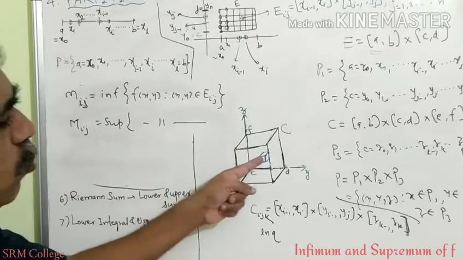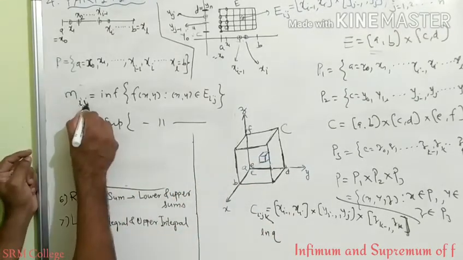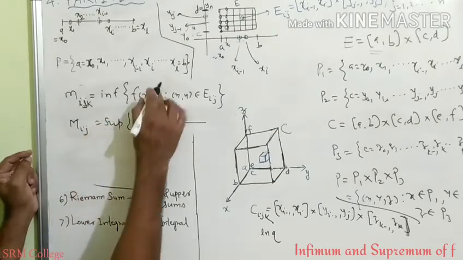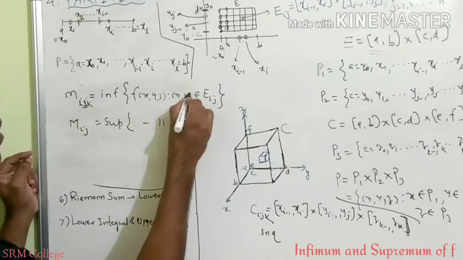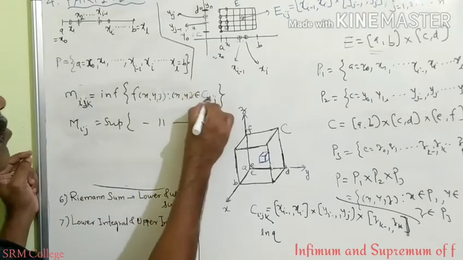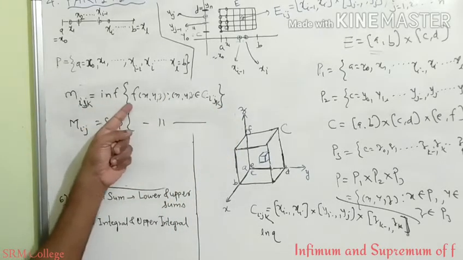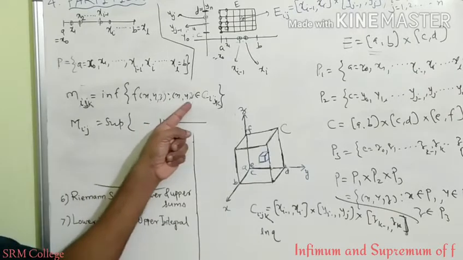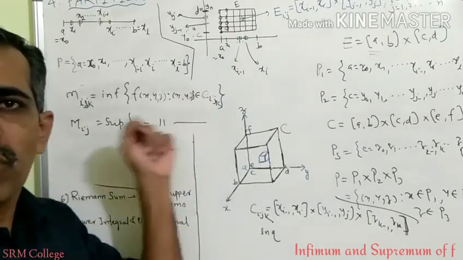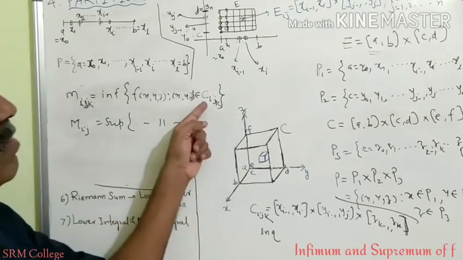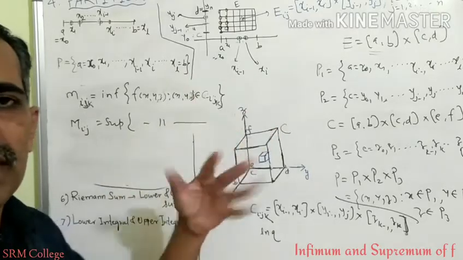Similarly, if you go to the cuboid, how do you define the infimum? There will be a generalization such that (x,y,z) belongs to Cijk. The infimum value of the function f, that is f of (x,y,z), such that this point comes from Cijk, any subcuboid, where i runs from 1 to l, j runs from 1 to n, and k runs from 1 to q.